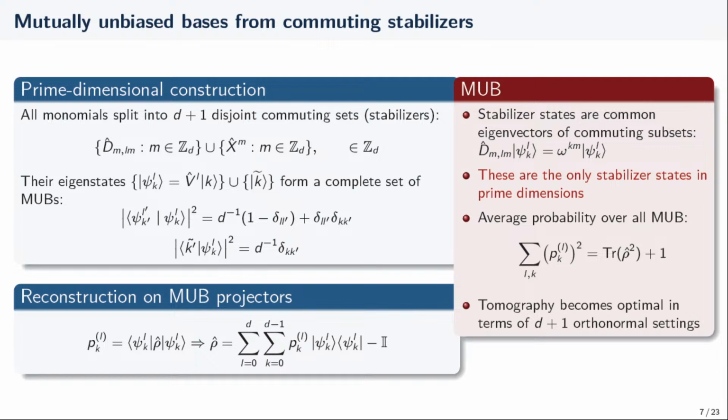So we have sets of commuting operators, and every set produces a basis. We call it psi_1k, where k runs from 0 to d minus 1, psi_2k, psi_3k.